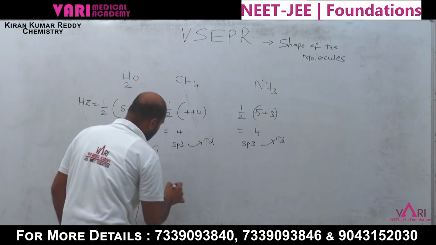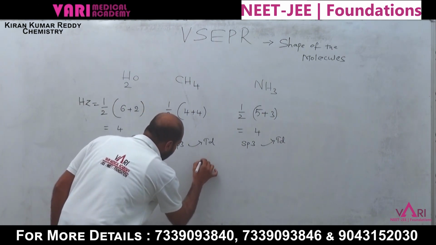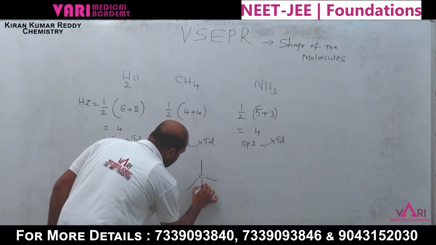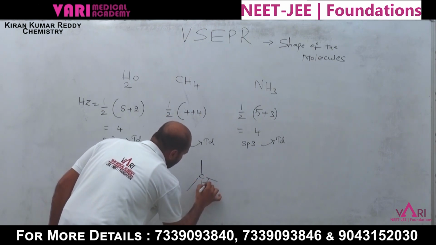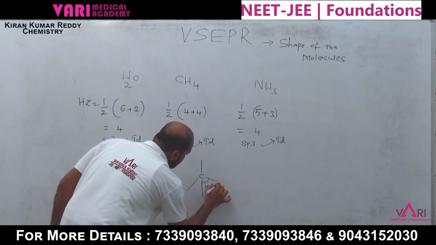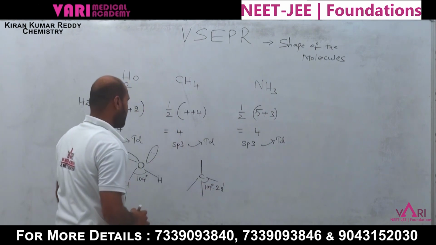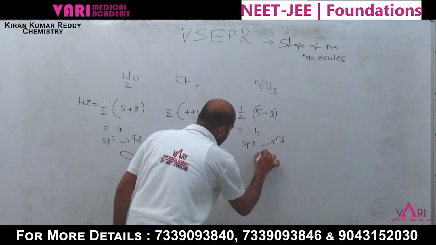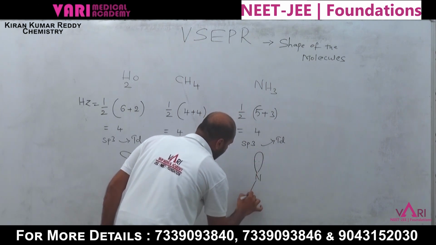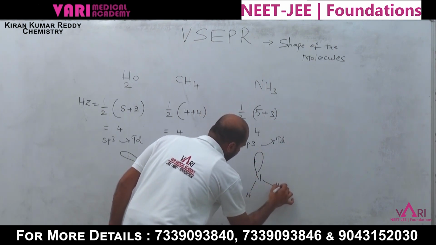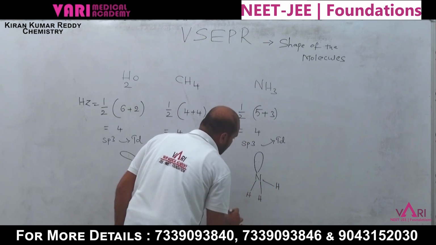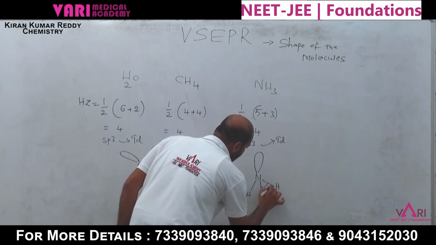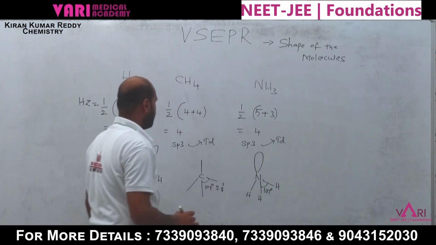And next one, if you take methane, that is tetrahedral, the bond angle is 109 degrees 28 minutes. And next one is ammonia. This is having one lone pair. Here 3 hydrogens are present, and here is 107 degree bond angle.